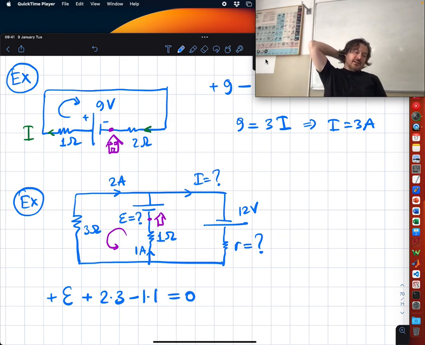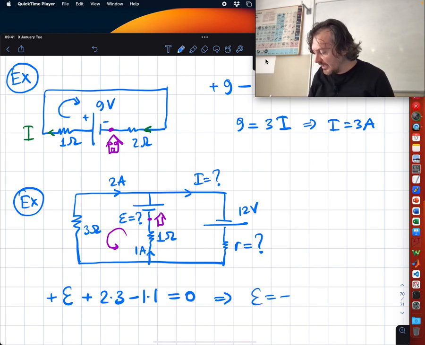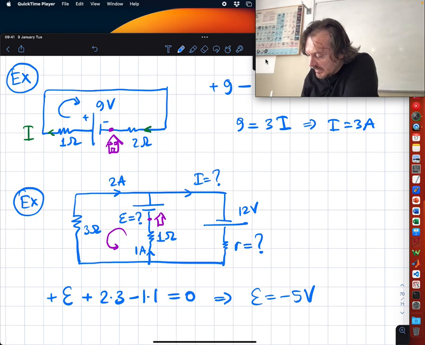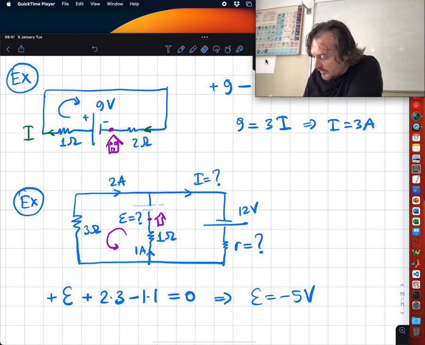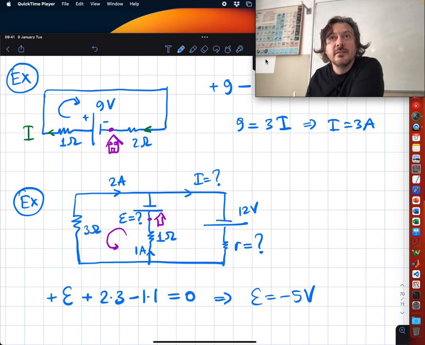Okay? Apparently this was a trick question. It turns out that E is negative 5 volts. You will just flip the battery. So we plotted it like this, but turns out that the battery was looking like this.